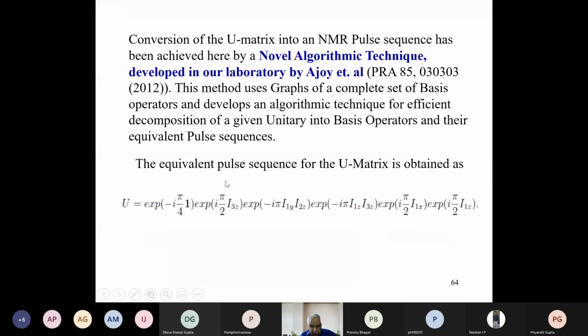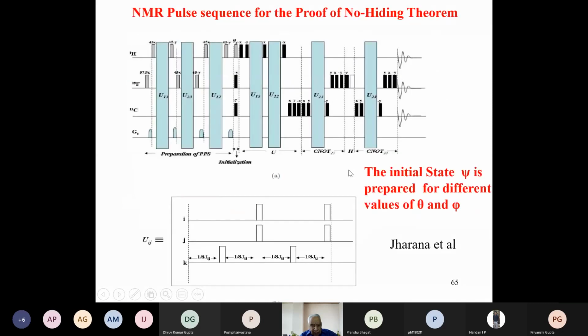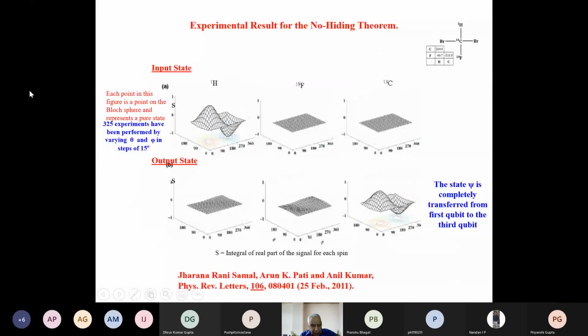The equivalent pulse sequence for the U matrix is obtained as this, and here are the experiment details, and the results are here. Jharna Rani did 525 experiments, performed by varying theta and phi in steps of 15 degrees. Each point on this surface is a pseudo-pure state.